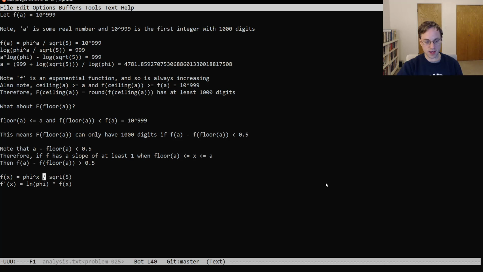So this is just the rule for the derivative of an exponential function. And so, like I said, not too bad. And so we just have to show that this is going to be greater than 1 over the relevant values.